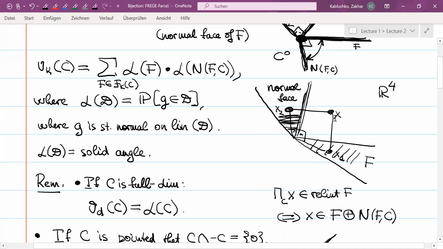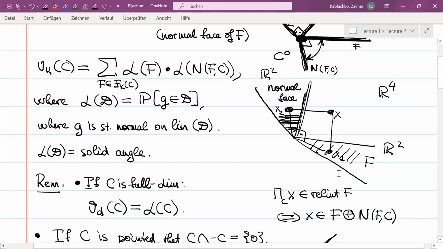And now the claim is that a point X is projected under the metric projection to the interior of the face F if and only if its projection to, let's say, this R2 and to the other R2 orthogonal to it, is as follows.